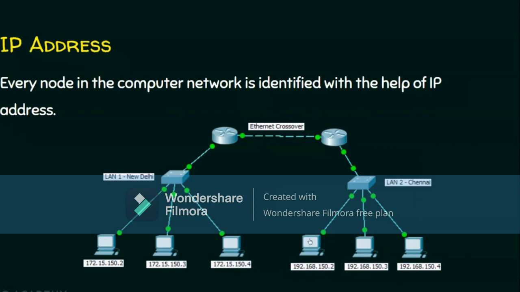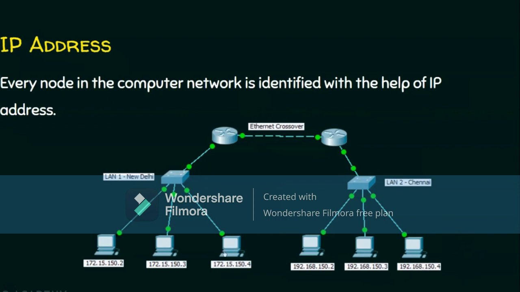For example, this computer is assigned 192.168.150.2 and this is 150.3 and this is 150.4. So I can take this computer, place it here and assign it 192.168.150.5, and thereby we can make this newcomer participate in the local area network.